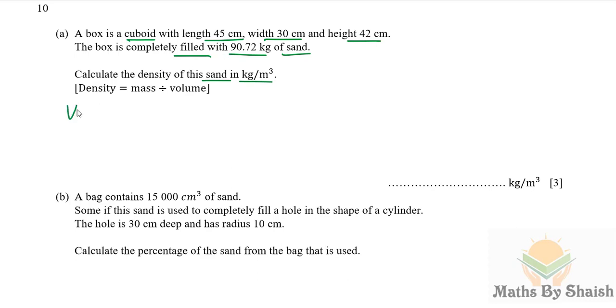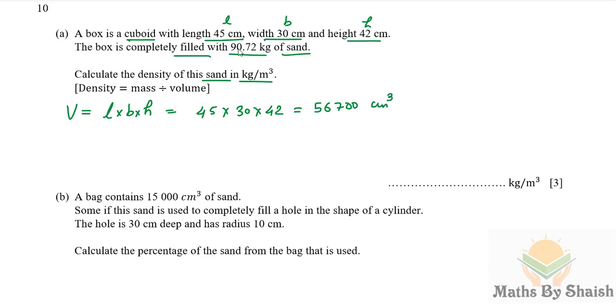So volume of a cuboid is L into B into H, where L is 45, B is 30, and H is 42. So volume becomes 45 into 30 into 42 centimeter cube, which is 56,700 centimeter cube.